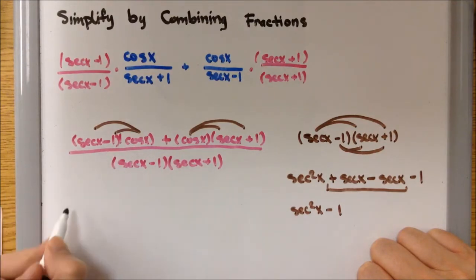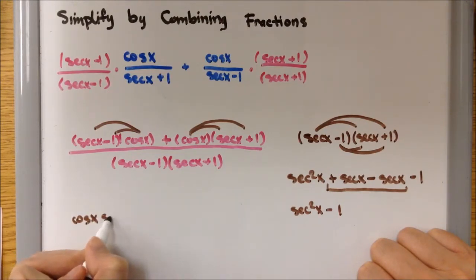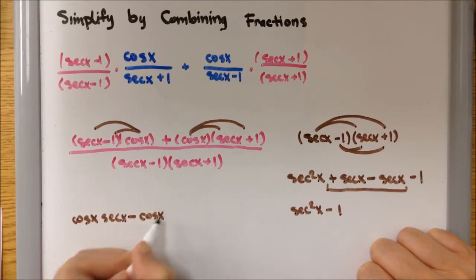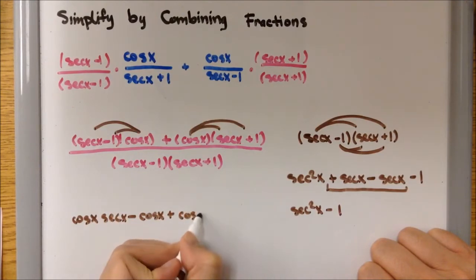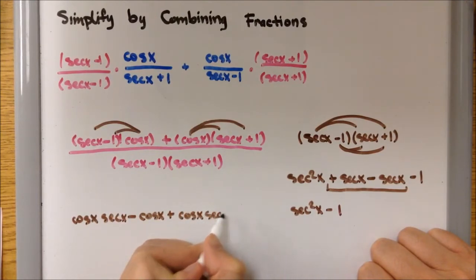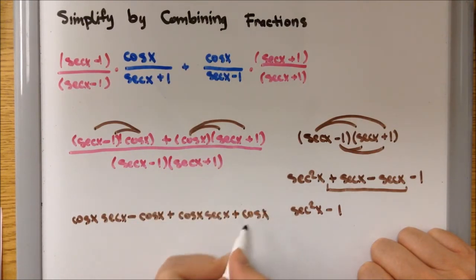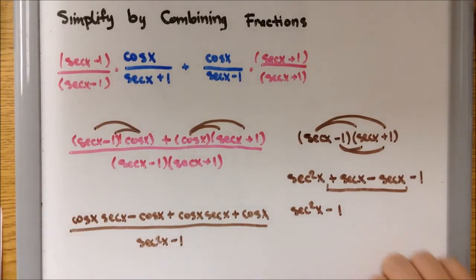So on the top, it's going to be cosine x secant x minus cosine of x plus cosine x secant x plus cosine of x, the whole thing over secant square x minus 1.